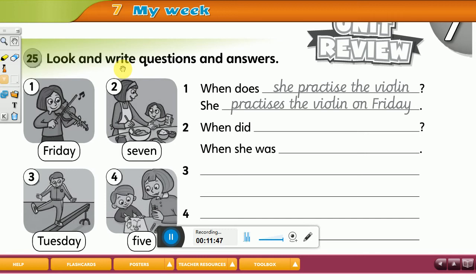Number 1, when does she practice the violin? She practices the violin on Friday. What about 2? Yes, excellent. When did she learn to cook? When she was 7. Picture 3.